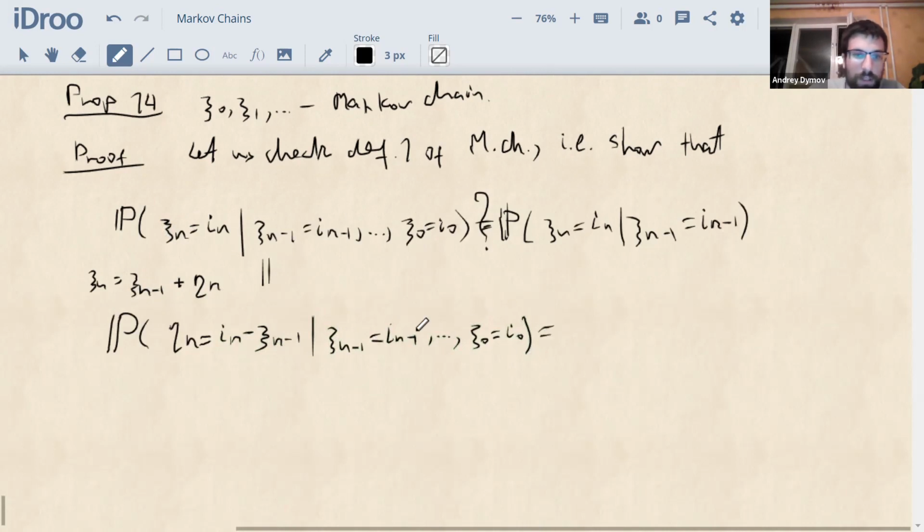But look, xi_{n-1} is fixed, because I have this condition. Actually, here I skip some formal step, but let me leave it as an exercise.